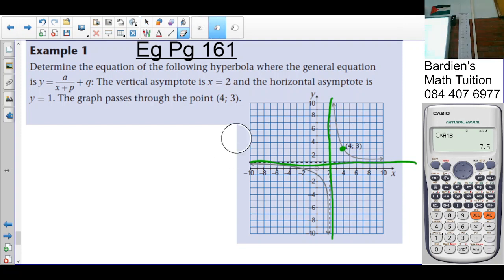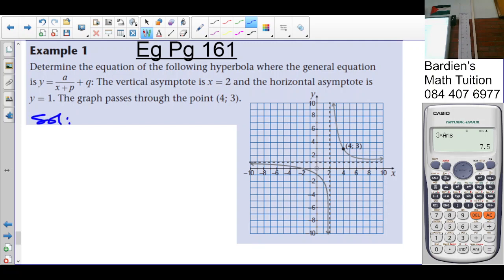Okay. So where do we start? We start by writing down the general equation of the hyperbola, which is y is equal to a over x minus p plus q. If you write plus, it is no problem. This is a habit of mine, and the way I set it in the exam, I wish to say minus.